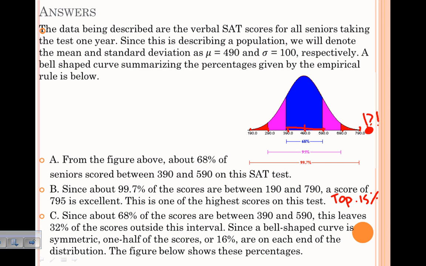All right, C. Since about 68% of the scores are between 390 and 590, this leaves 32% of the scores outside of this interval. Since a bell-shaped curve is symmetric, one half of the scores, or 16%, are in either end of the distribution. The figure shows these percentages.